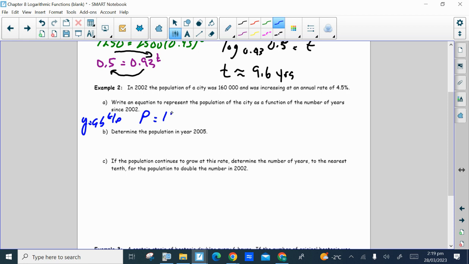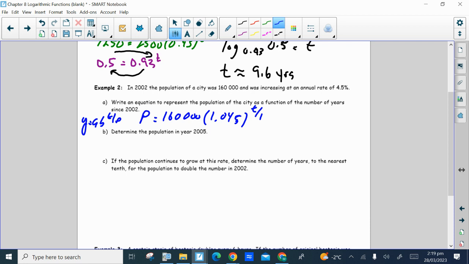A is the initial number, which is 160,000. B, our growth factor, because it's increasing at a rate of 4.5%, means you're going to have 100% plus 4.5% more. That'll be 1.045. And if we're going to use this formula, t is the time over p, the growth period is every 1 year.